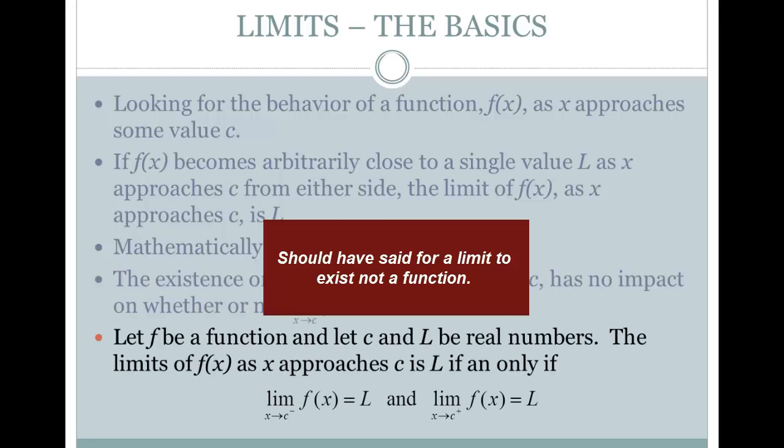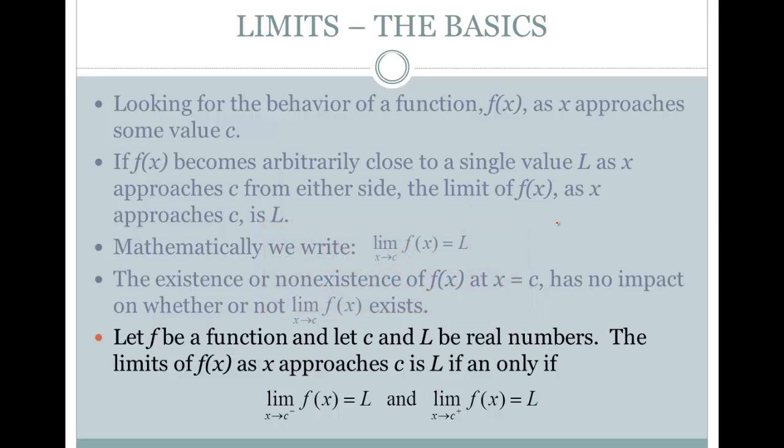For a limit to exist, the function must approach the same value from the left and the right, and that's what is shown right here. This one with the negative sign is taking the limit from the left, and this one is from the right. I know it's from left and right because of the minus sign and the plus sign. So if I'm taking the limit as x approaches c with a minus sign, that means I'm coming in from the left side.